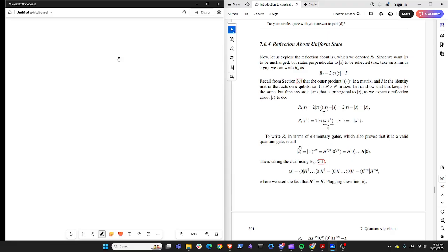So R of S, which is the reflection, the rotation about state S. We want S to be unchanged, but states perpendicular to S to be reflected, to take on a minus sign. So R of S is therefore equivalent to 2 times the outer product of S minus the identity matrix.